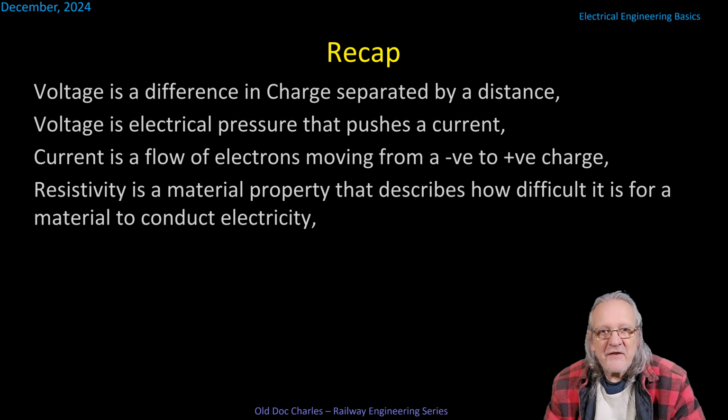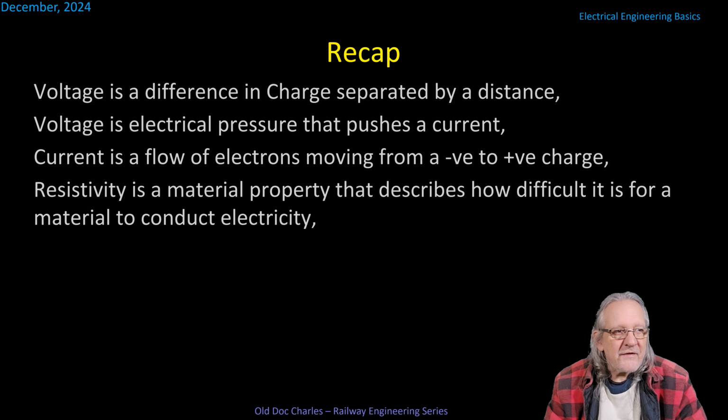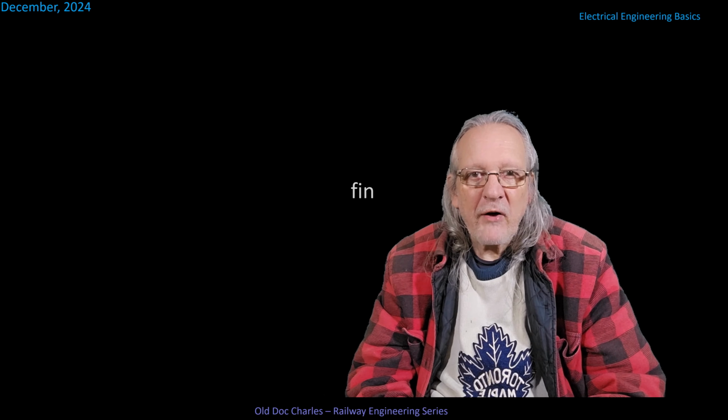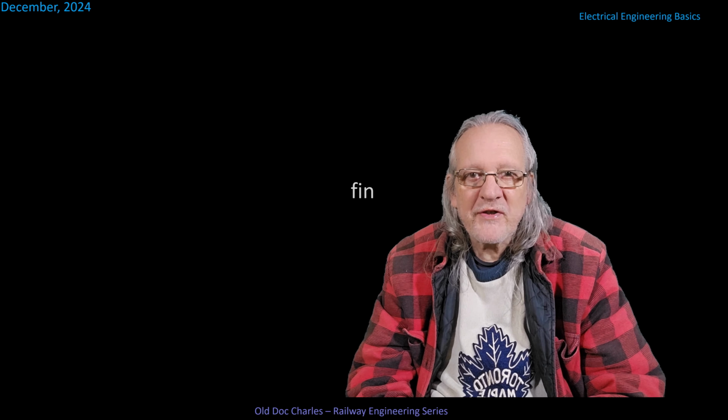Resistivity is a material property that describes how difficult it is for a material to conduct electricity. And resistance is proportional to resistivity and length, and inversely proportional to the cross-sectional area. So that about wraps up this part 2 on volts and amps and ohms.